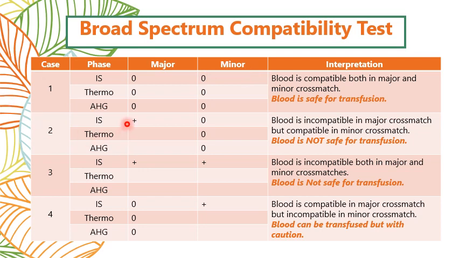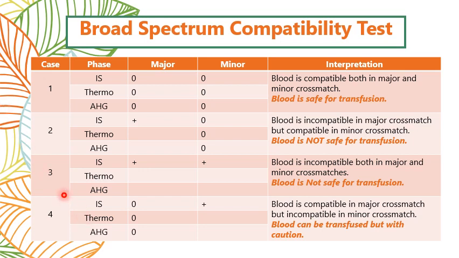Next is there is an agglutination in the immediate spin of major cross-match and negative reactions in all phases in minor cross-match. The interpretation for this is that blood is incompatible in major cross-match but compatible in minor cross-match. So therefore, blood is not safe for transfusion.